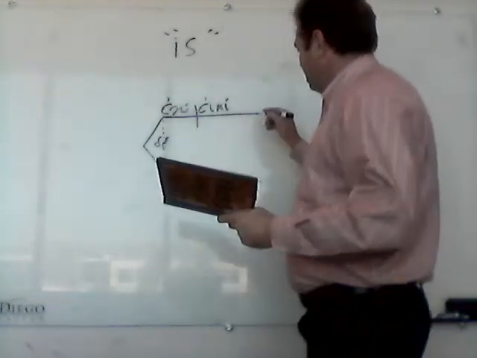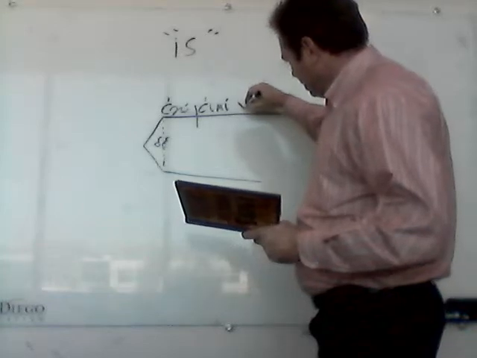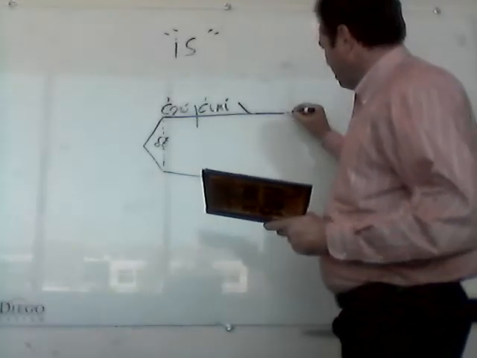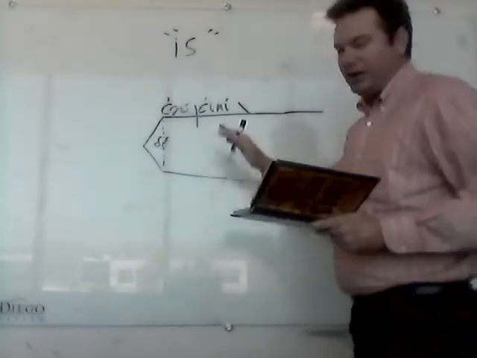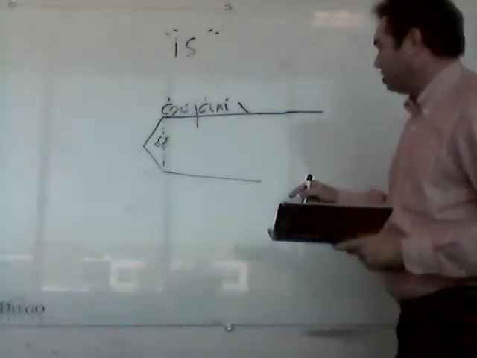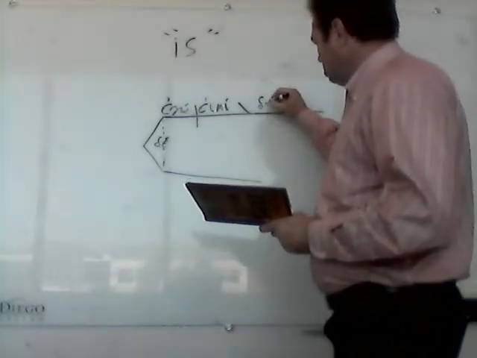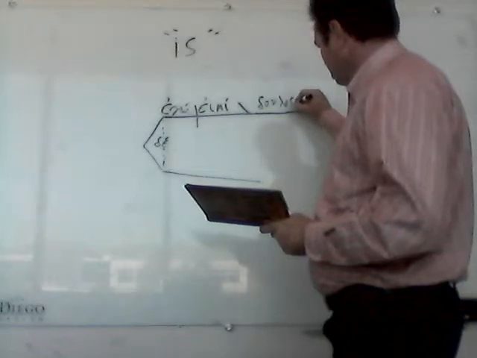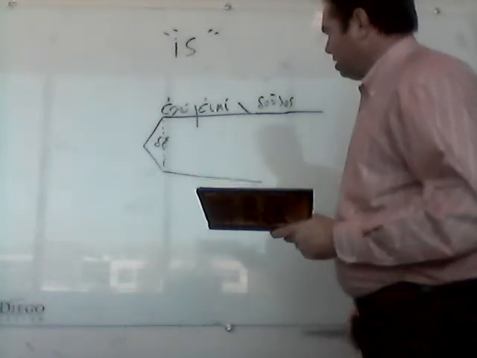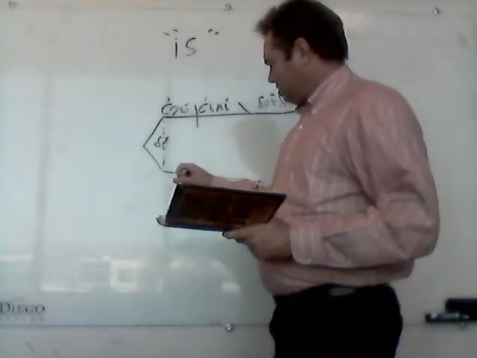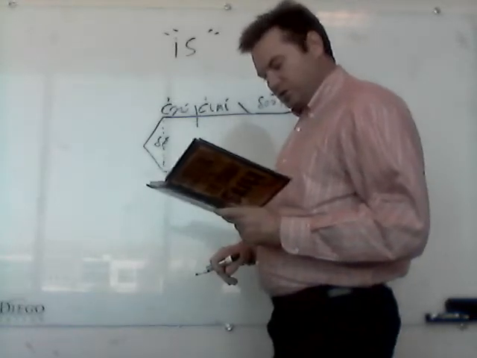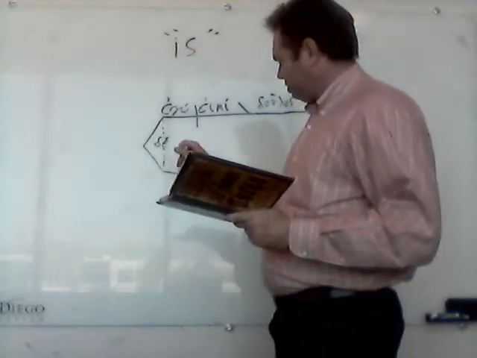Okay, ego eimi, and then we have a predicate. When we have a predicate with a linking verb, instead of a direct object line, which is straight, we have a predicate line, which is a backslash like that. Doulos. Ego eimi doulos. De. Su is a nominative for you.